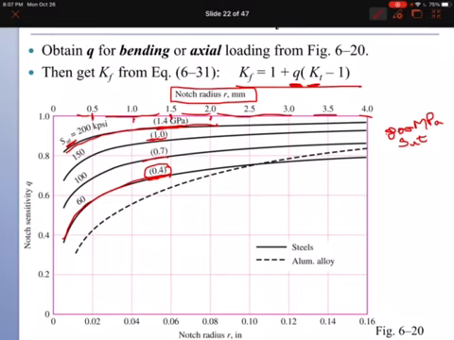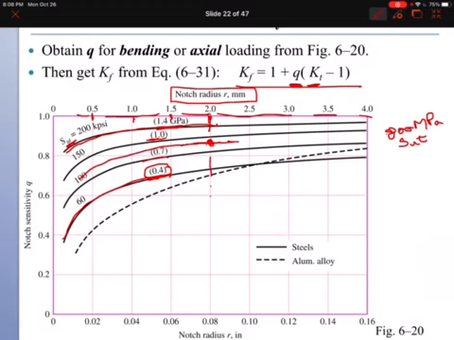The numbers here are in gigapascal, so this is 0.7 and 1, and 0.8 will be somewhere like this. If the notch radius is 2 millimeter, the intersection is this point.